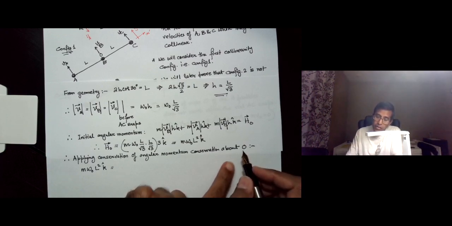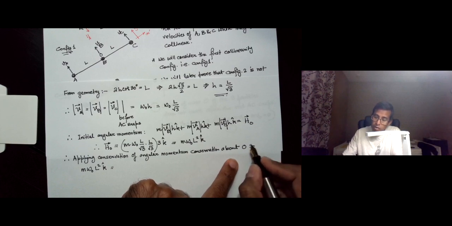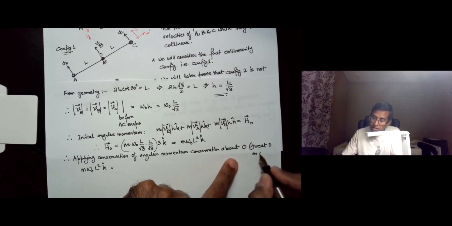Alternately, we can also treat the point O as a fixed point and write the angular momentum of this assembly about the fixed point. Okay, both are possible and both will give you the same equation, and let me show you how. So if I consider the angular momentum conservation about the point O and treat O as a fixed point.